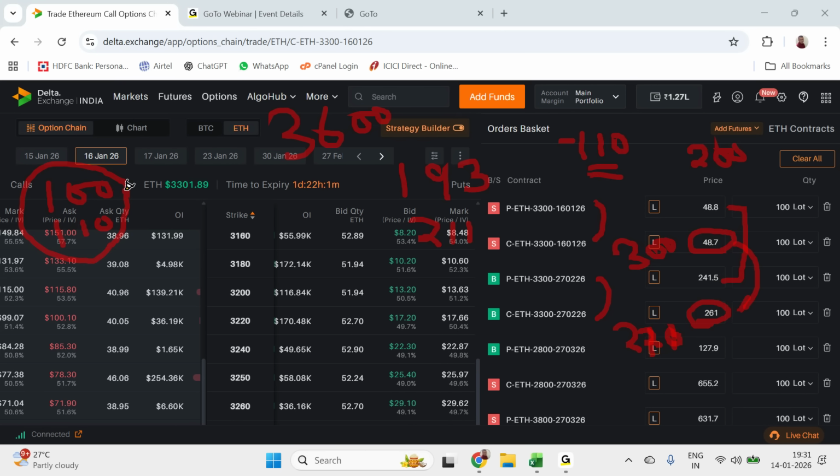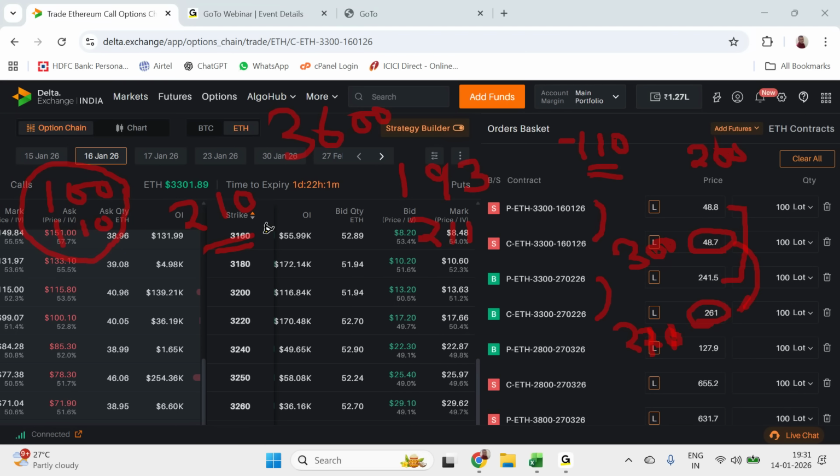So this 220 point loss, who will recover? One component of your box, that put side of your box, 3800 put with respect to 2800 put, will be compensating a part of this. So in case there is a jump till 3600, you will have roughly 210 of losses per 100 lots.